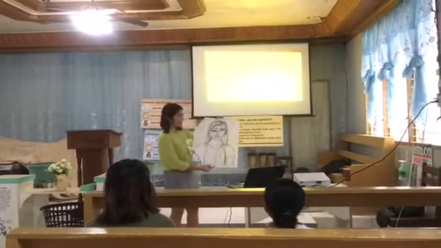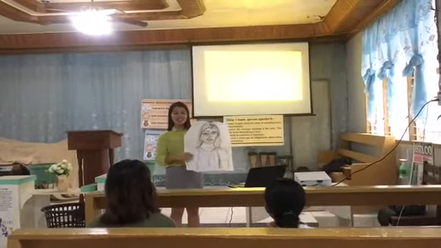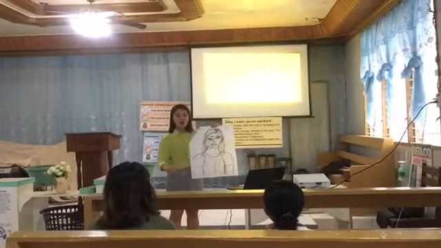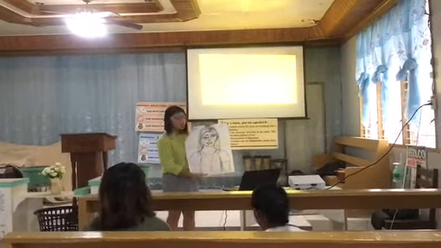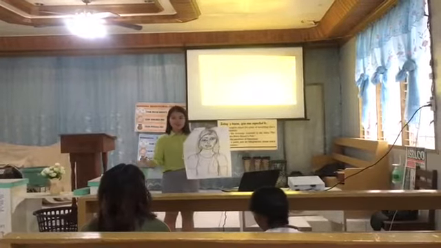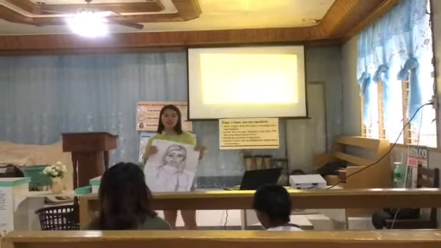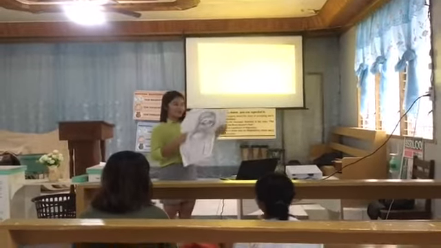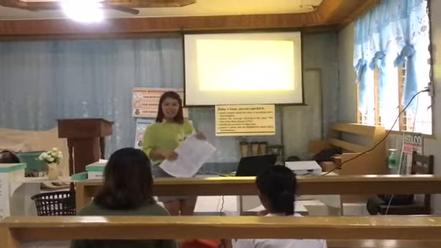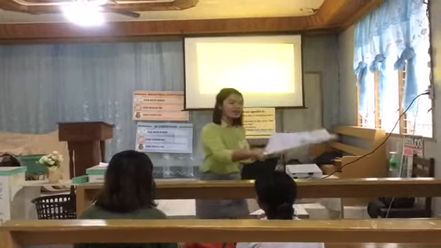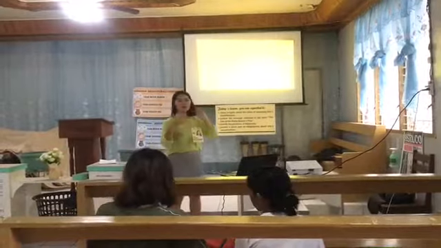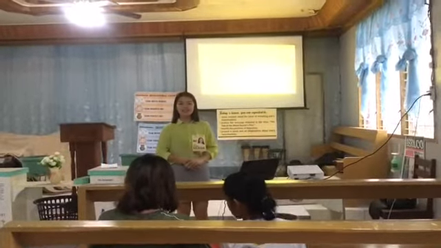I have here the sketch, and in this sketch, you will have your own meaning or interpretation. And in your explanation, you also need to incorporate the use of the different positions of adjectives. Okay, are my instructions clear, class? Okay, so you will be given 15 minutes to do the task.